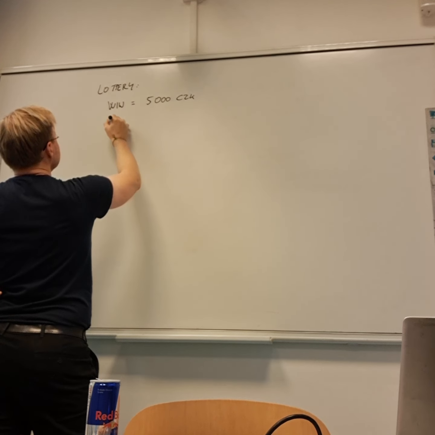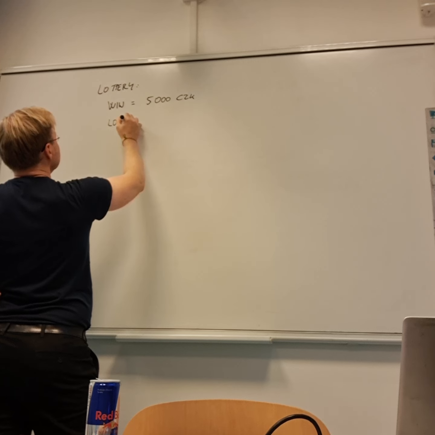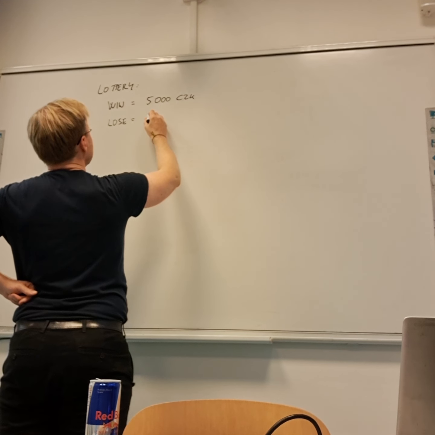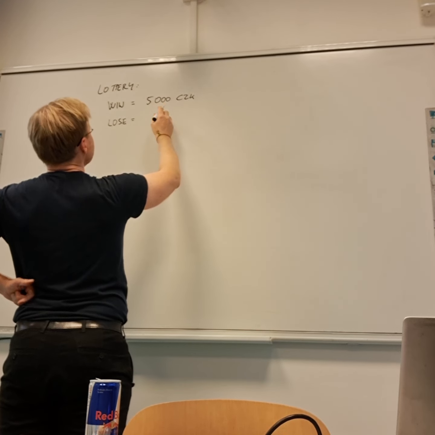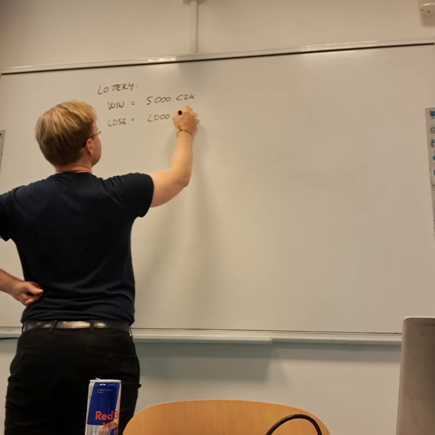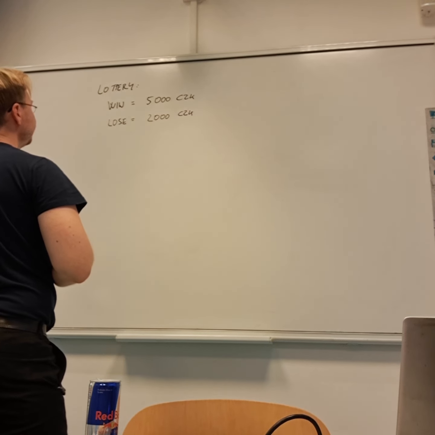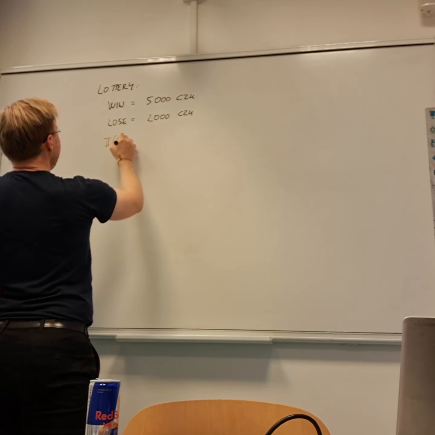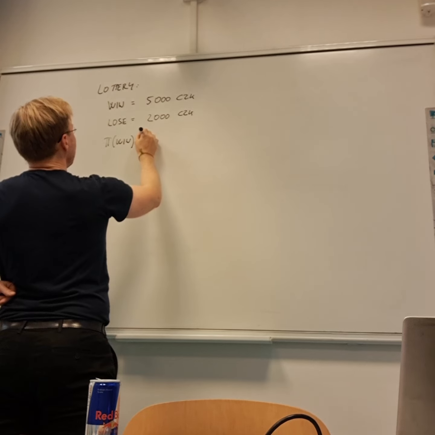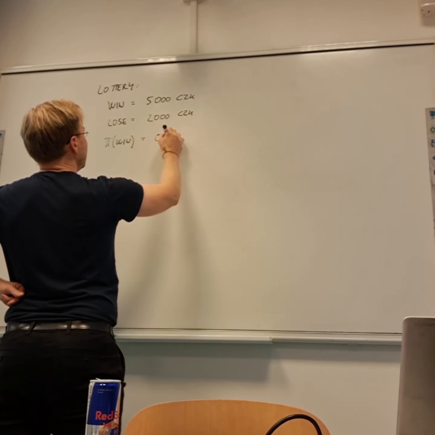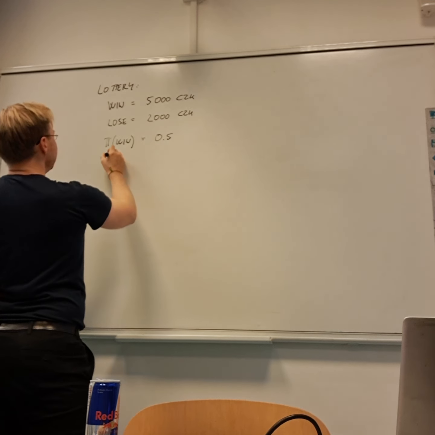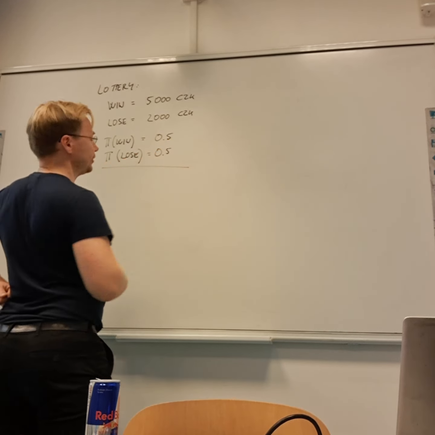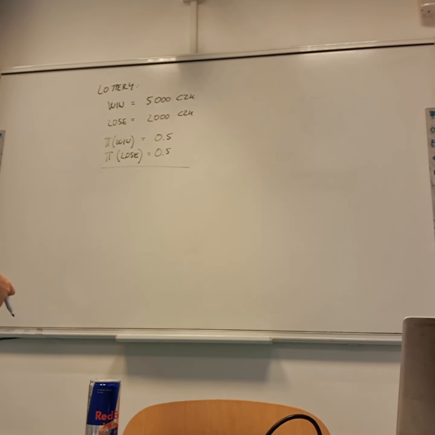If you lose, you would lose, let's say, 2,000 crowns. And the probability of win would be 0.5, means 50%. And the probability of lose will be also 0.5. There's no third option because simply you will win or lose.